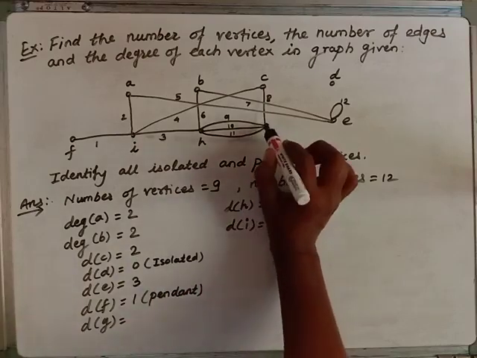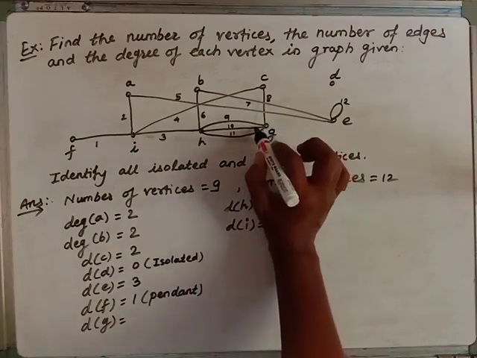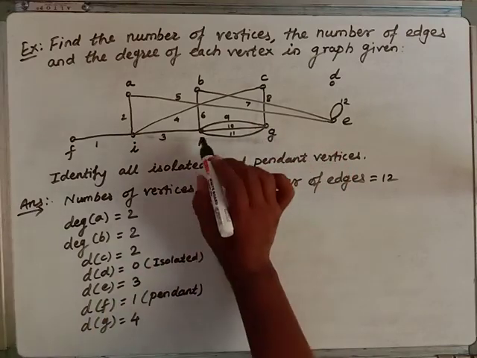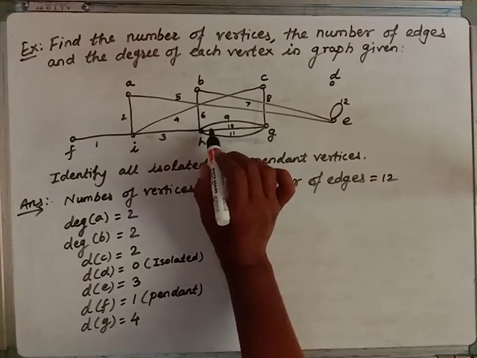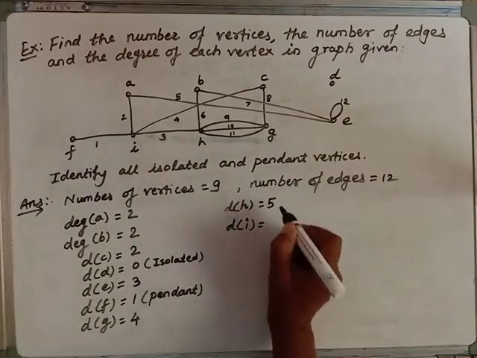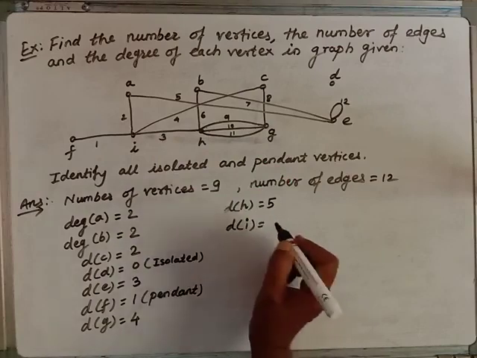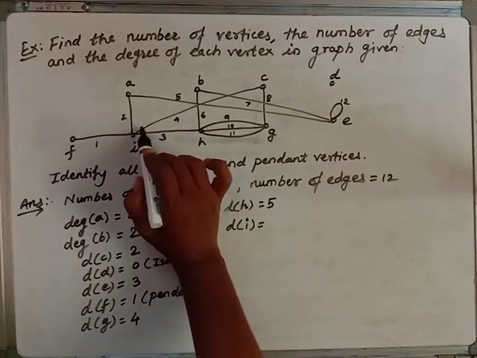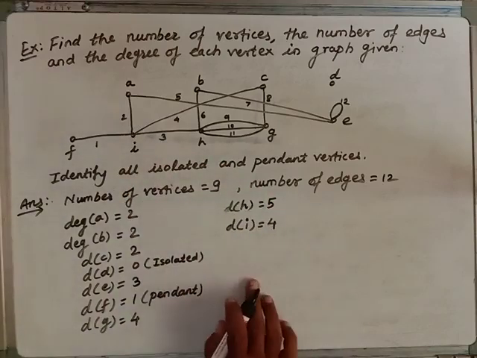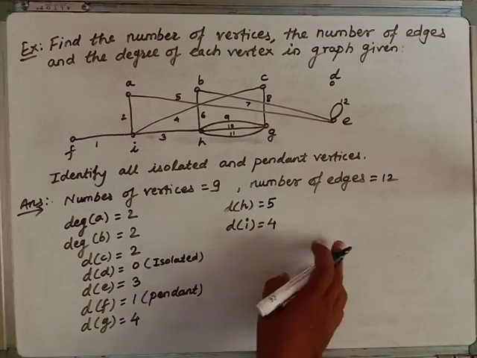Degree of G. Look at G. This is 1, 2, 3, 4. Degree of G is 4. Degree of H. Look at 1, 2, 3, 4 and 5. Degree of H is 5. Degree of I. 1, 2, 3, 4. 4 edges are incident on it. So 4. As such we can determine the degrees, vertices and edges.